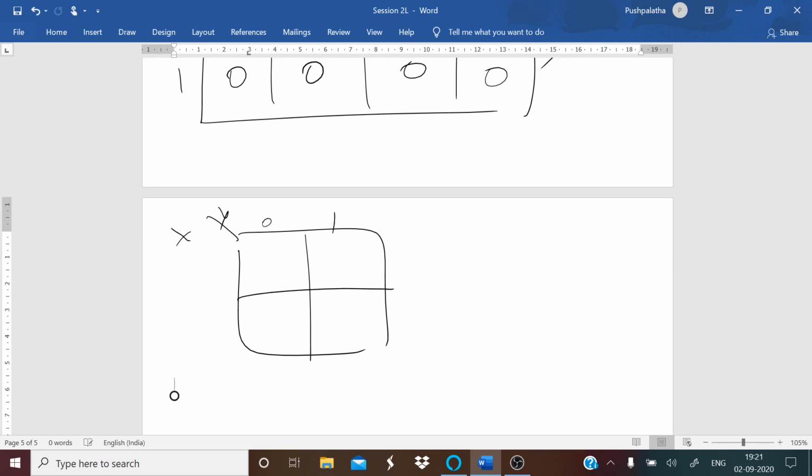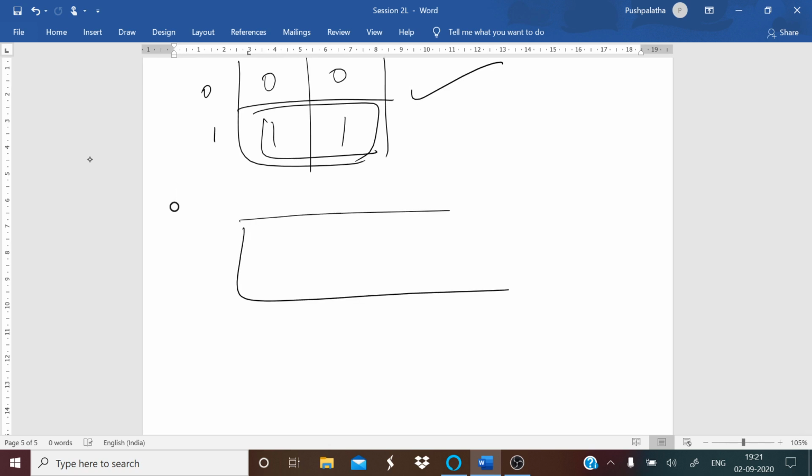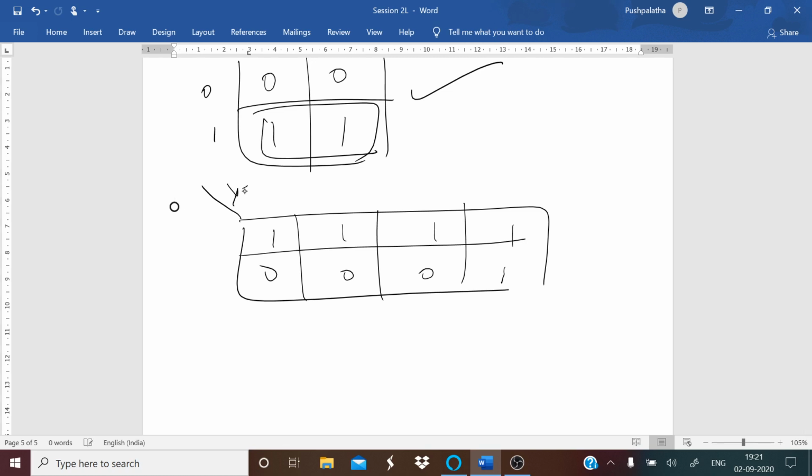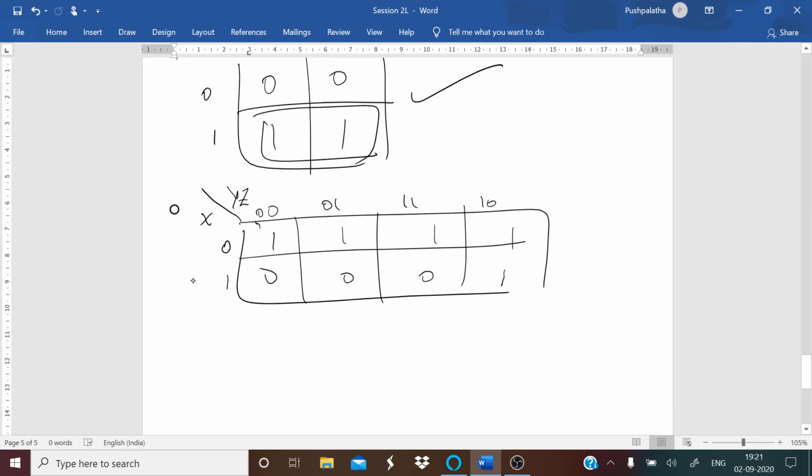If you want, you can have a group of 2s, as we said earlier. X and y, 0 and 1, 0 and 1, 0, 0, 1, 1. If you have it this way, you can group this. This is okay, correct. And if you have 1, 1, 1, 1, 1, 0, 0, 0, x, y, z, you cannot put together this. This is wrong.